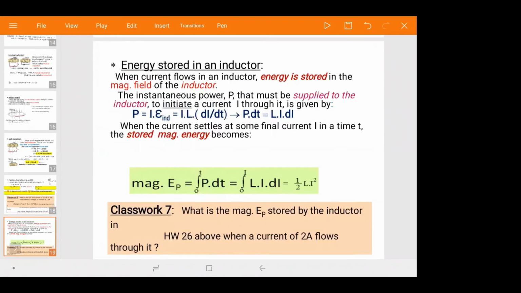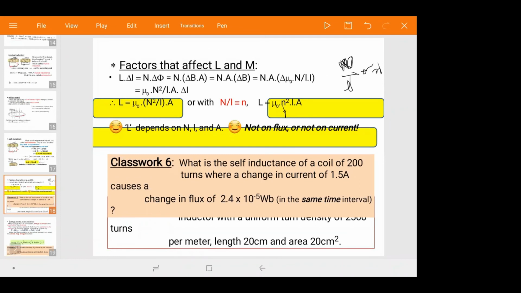All right. There is one small problem here. What's the self-inductance of a coil of 200 turns, where a changing current of 1.5 ampere causes a change in flux of 2.44 times 10 to the power of -5 Weber? This does not mean that self-inductance depends on flux and current. It's just like saying, for example, in unit 5, we say voltage is equal to resistance times current.